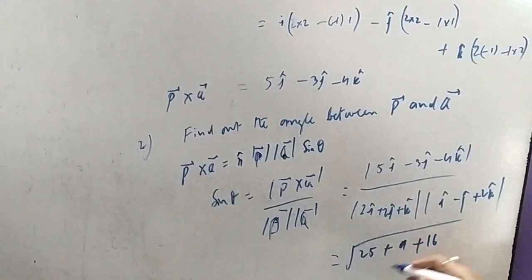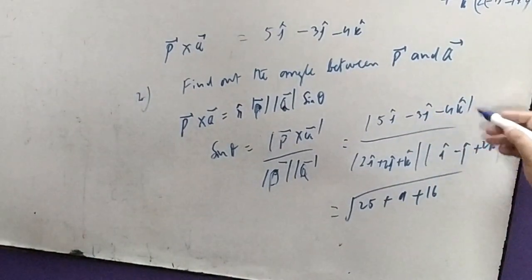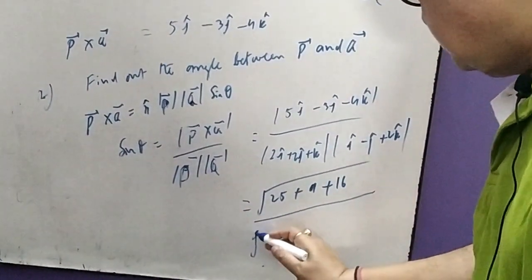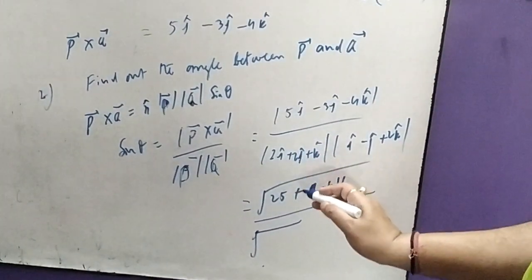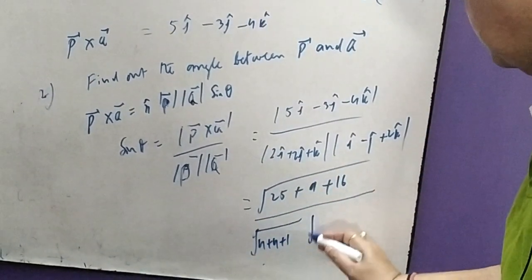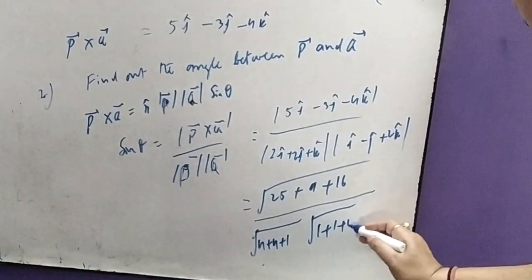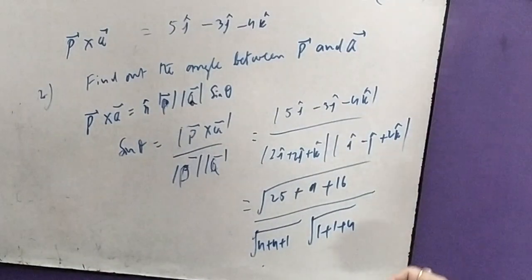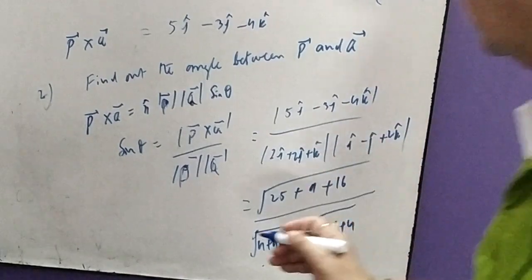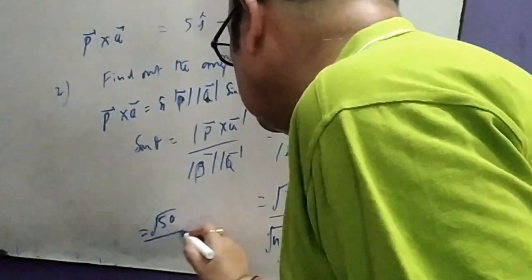Okay. Now this is the modulus of P cross Q, that is 25 plus 9 plus 16 divided by this one. I am writing down modulus of P. It is 4 plus 4 plus 1. Modulus of Q is 1 plus 1 plus 4. Okay. Then in the upper one, we have under root 50.